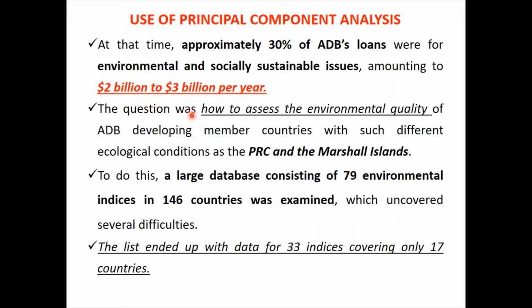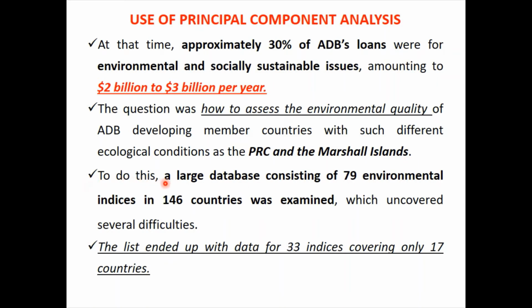The question was how to assess the environmental quality of the developing member countries of the ADB with such different ecological conditions as the PRC, that is the People's Republic of China, and the Marshall Islands.